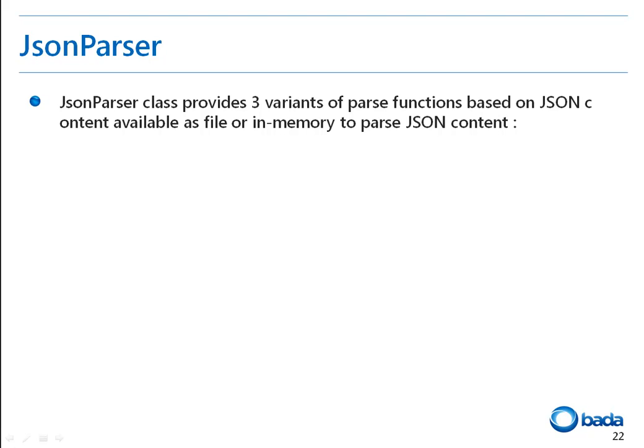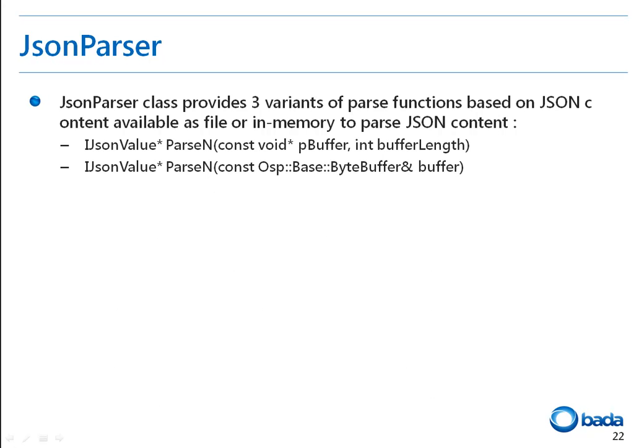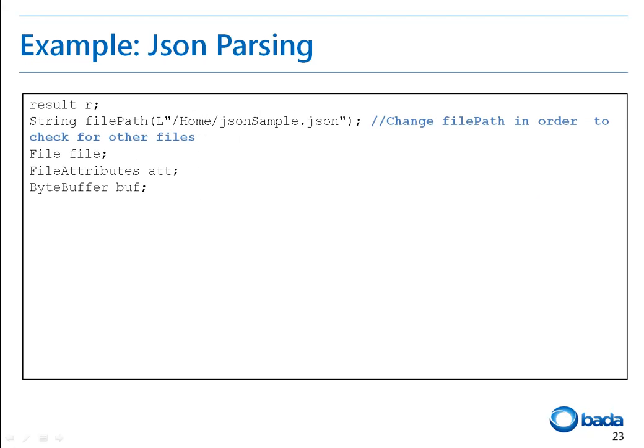The JSON parser class provides three variants of parse functions based on whether the JSON content is available as a file or in memory. These two methods are used to parse in-memory JSON content, and this method is used to parse JSON content available as a file.